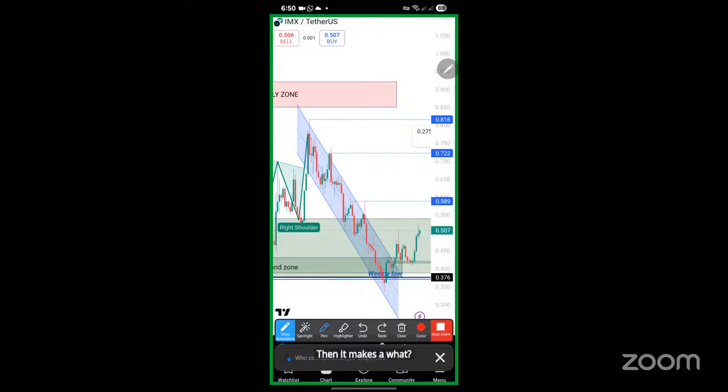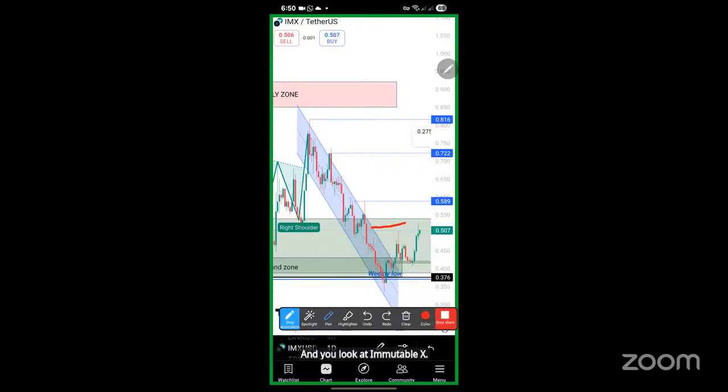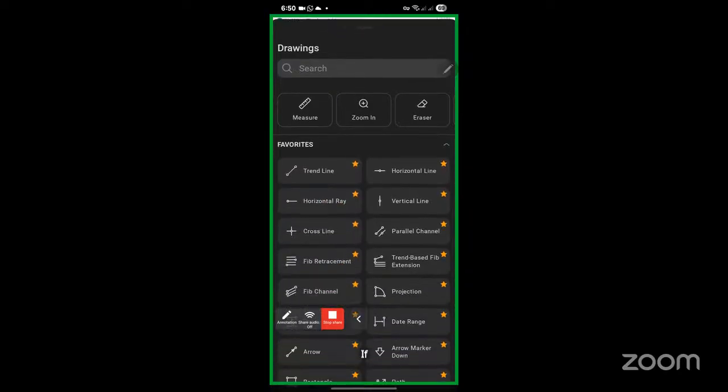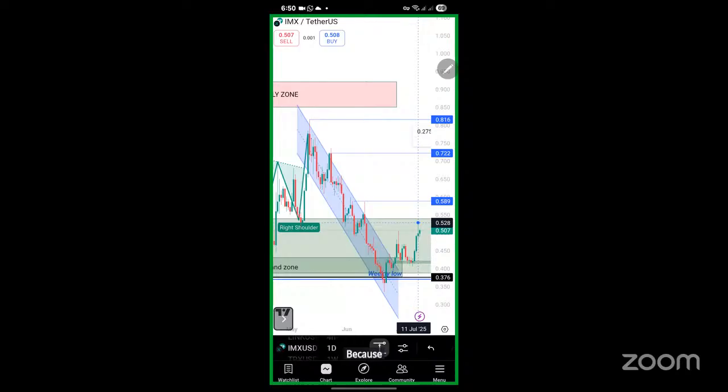continuation. So when you look at Immutable X, if you were to hold because of the rally, once Bitcoin goes down a little bit, you will see this coin is pumping.